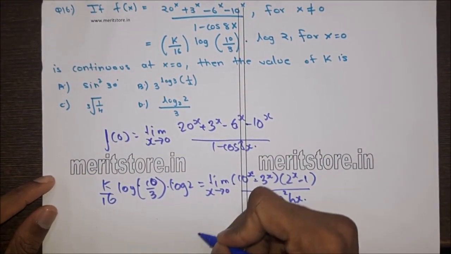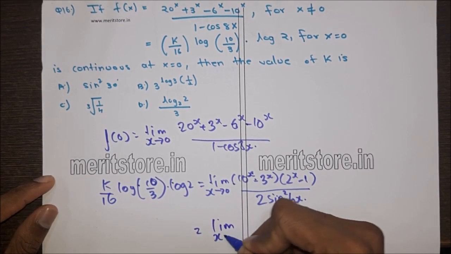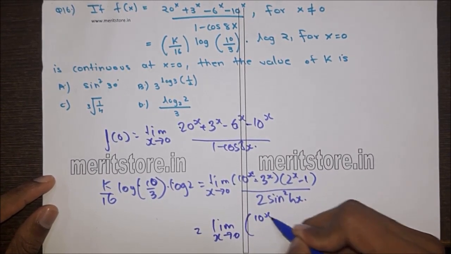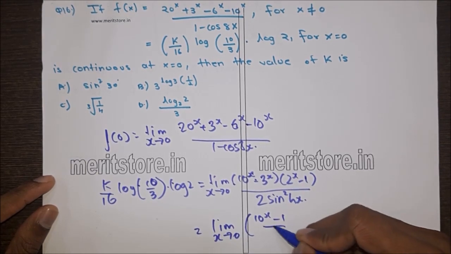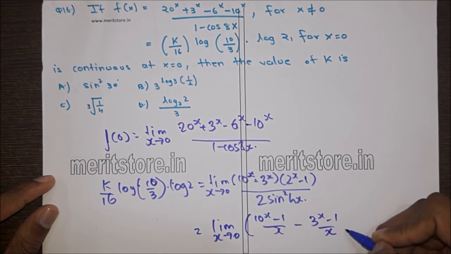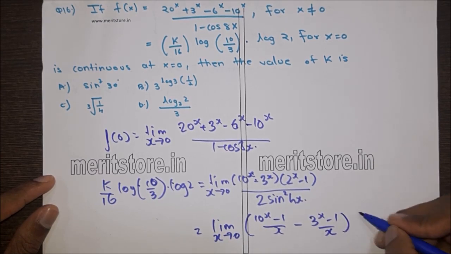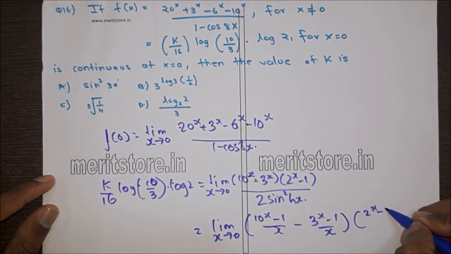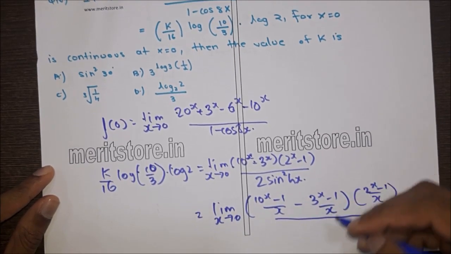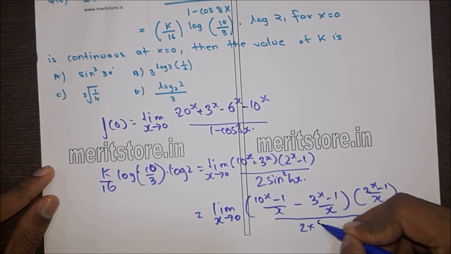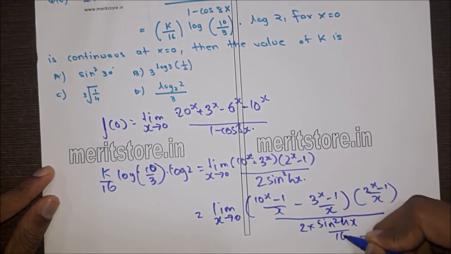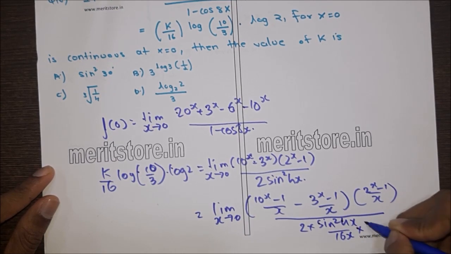Further, we can write this as limit x approaches to 0, (10^x − 1) upon x minus (3^x − 1) by x, into (2^x − 1) by x, into 2 into sine square 4x upon 16x into 16.